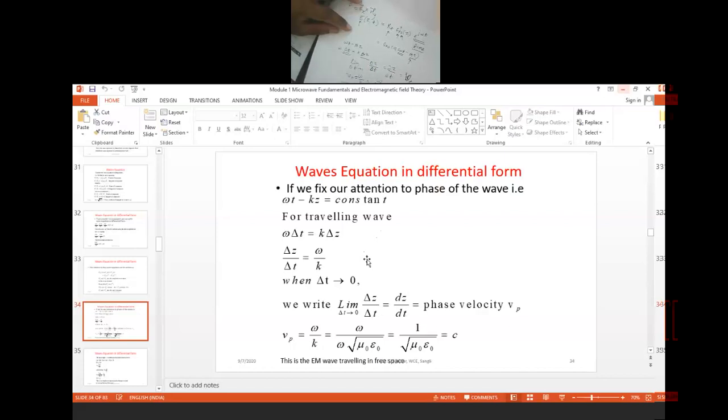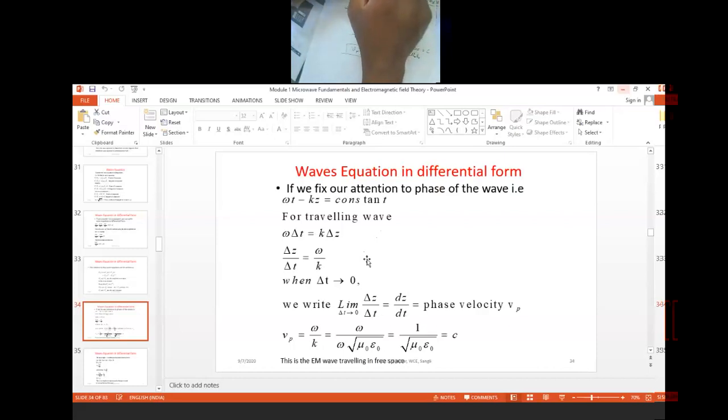Why does it come to 3 into 10 power 8? Because the wave is propagating in free space. But if the wave is not propagating in free space, then Vp is not equal to c. In this case the wave is propagating in free space, so that's why it is 3 into 10 power 8.